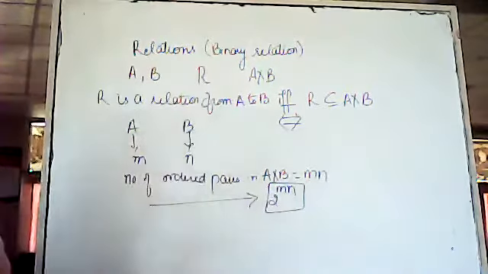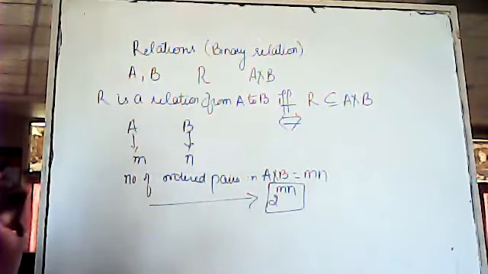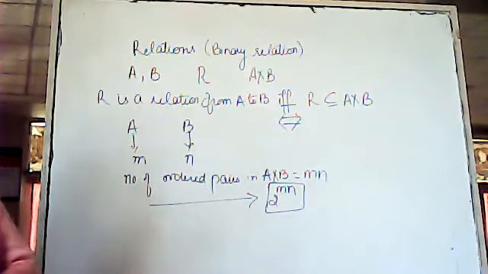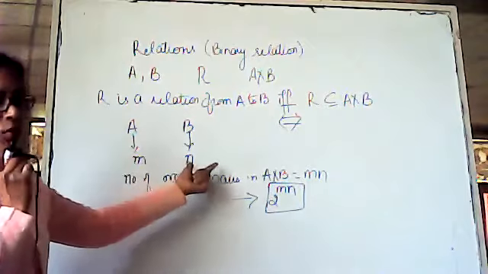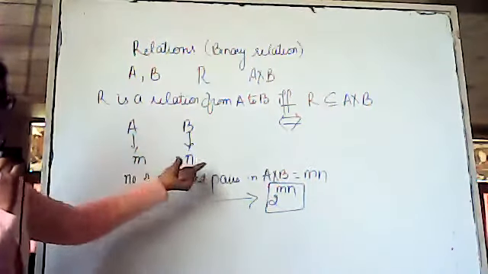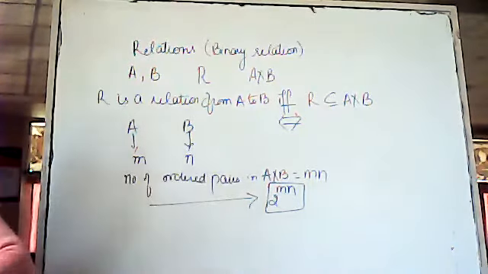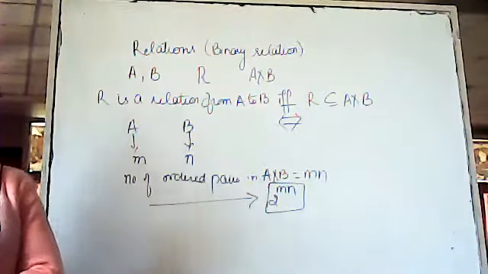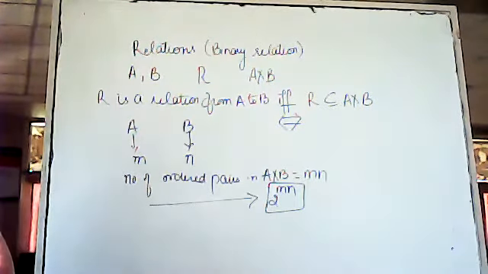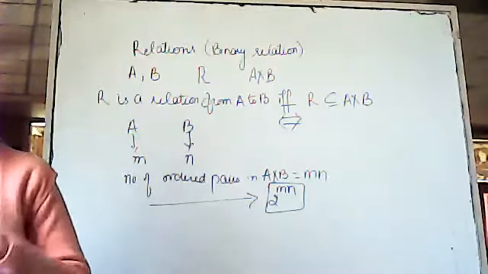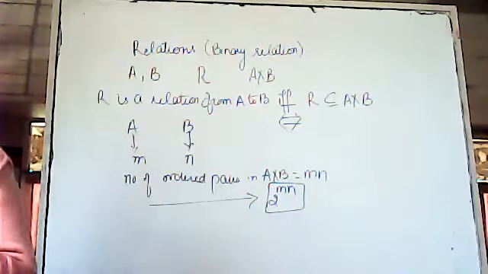So there can be a question if a set A is having M elements and set B is having N elements, or it can be any number like 5, 4, कुछ इस तरह से कोई number भी आ सकता है, and you have to find the number of relations from set A to set B. Then there will be 2 to the power MN relations.